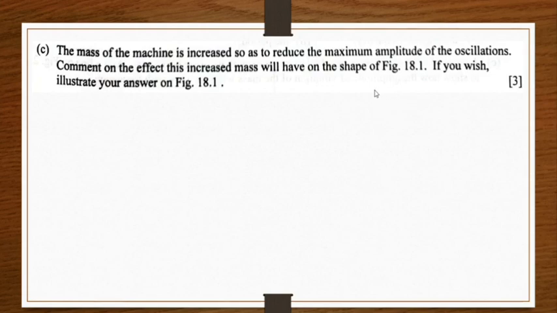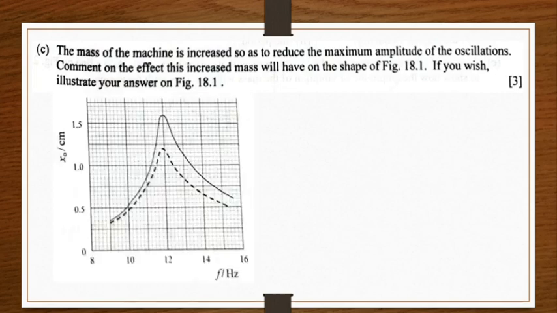So with a greater mass, the curve will be lower and flatter, and the peak would shift to a lower frequency. So you have to draw it like this. The peak will shift to a lower frequency, and then the curve will be lower, and also it will be flatter.